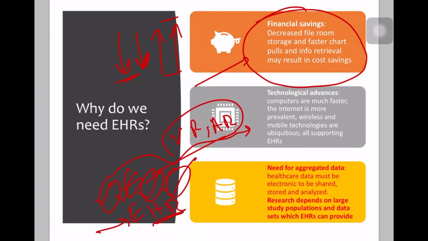Another important component is aggregated data. What is aggregated data? In a healthcare setting, when we have to make complicated, comparative decisions, we cannot base them on just one health record or 10 or 20. We need several hundred thousand. Maybe we have to compare one state's data to another state's, or one hospital's data to another hospital's. So healthcare data must be electronically shared, stored, and analyzed.